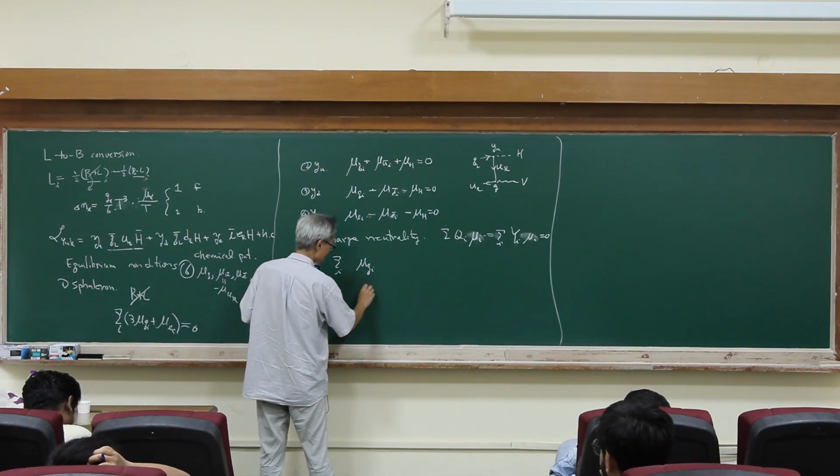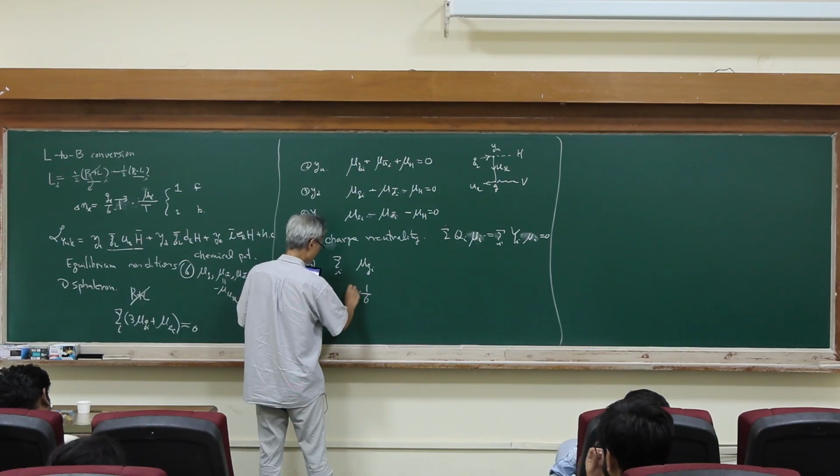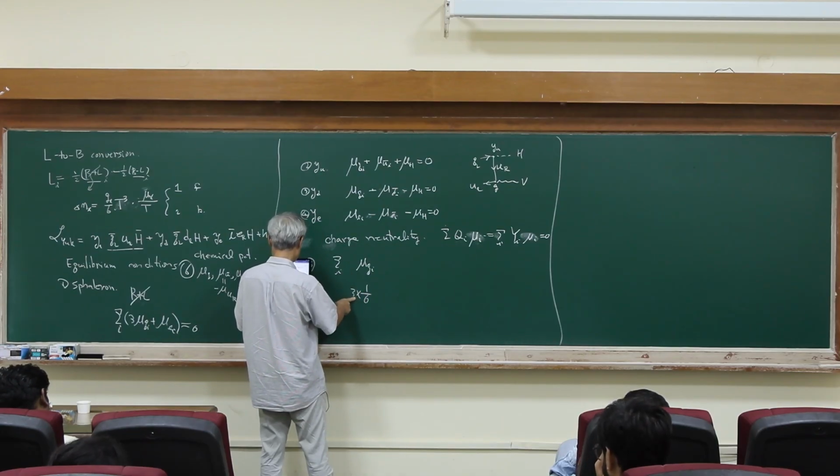And this is hypercharge. The quark doublet has hypercharge 1/6, 3 colors, and the doublet has a 2.